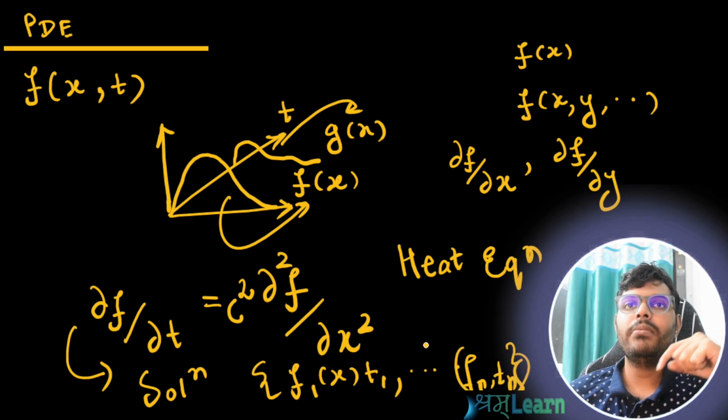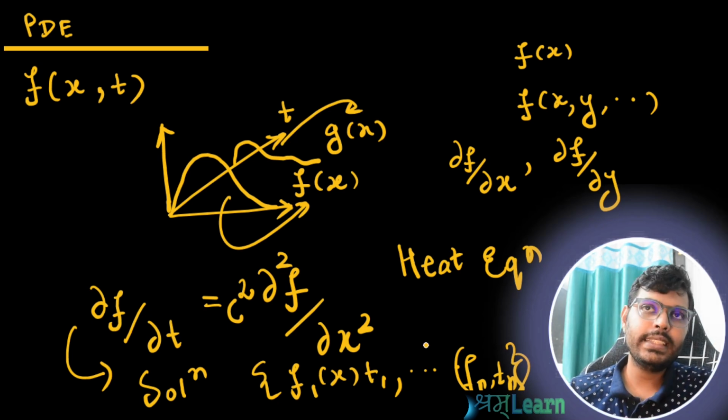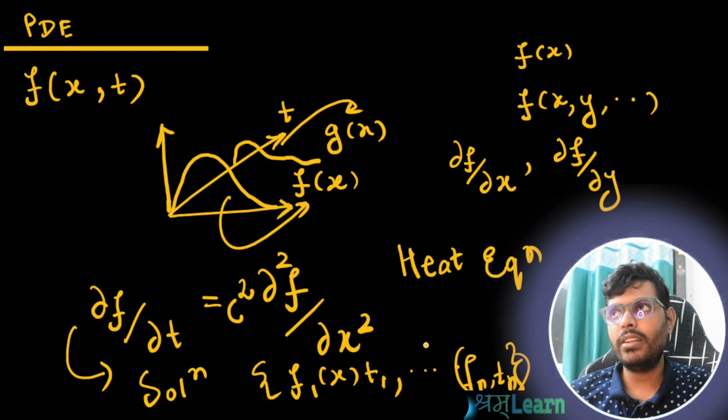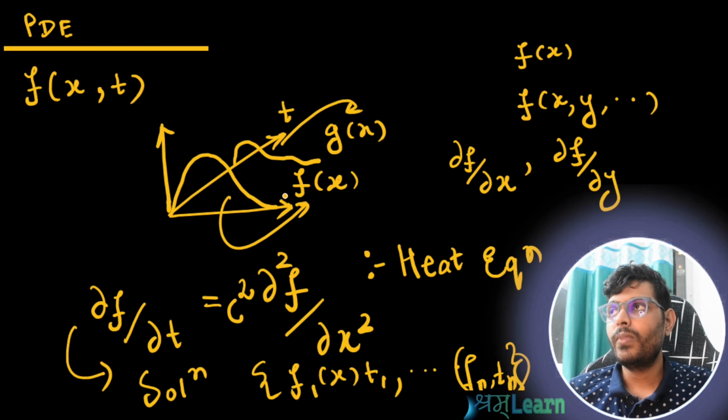At every time I have a different distribution along x, a function describing a different distribution along x, and that is what it is. This kind of heat distribution damps down and becomes 0. So we will try to physically describe the system and then find its solution. I hope that I have made things clear.